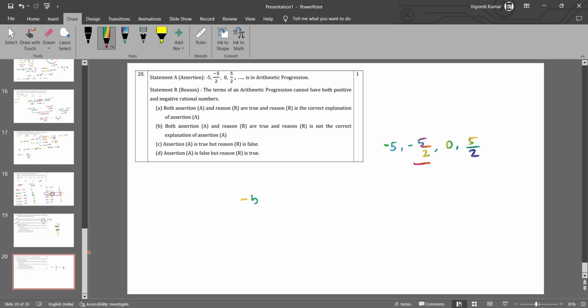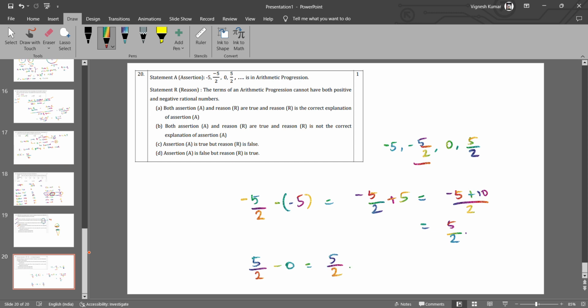So if we do it here, what do we get? Minus 5 by 2 plus 5, which is minus 5 plus 10 by 2, which is 5 by 2. And 5 by 2 minus 0 is equal to 5 by 2.